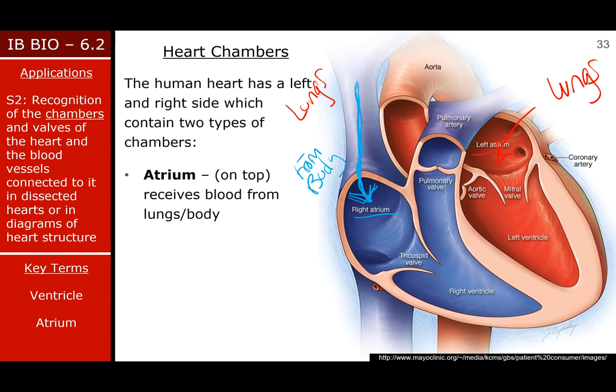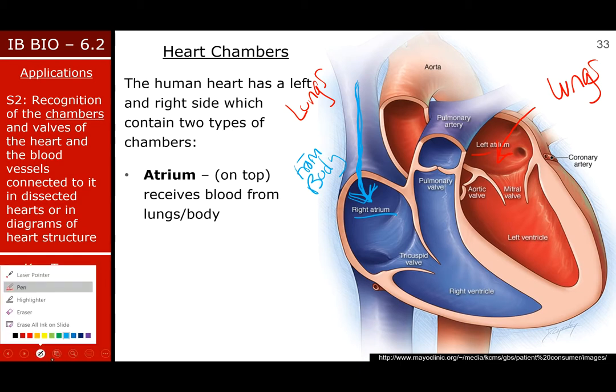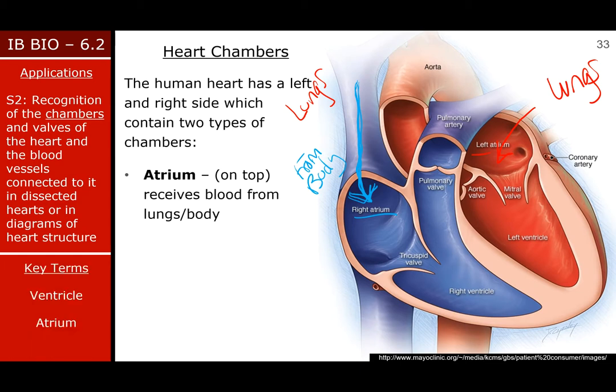And it's got to get pumped to the heart because it needs to pick up oxygen. This is blood that's coming from the lungs and it's going to head out to the body. So we'll put from lungs. And then it gets pumped out through the aorta to body. And this will all make more sense in a minute.